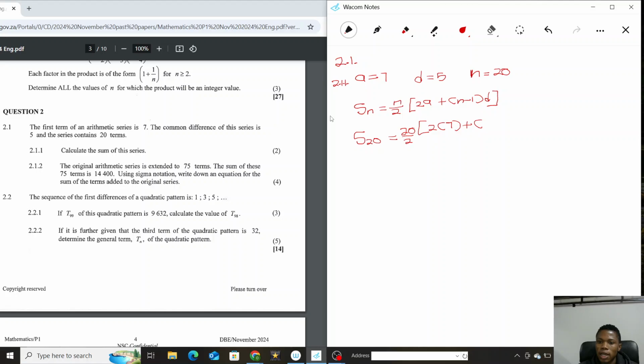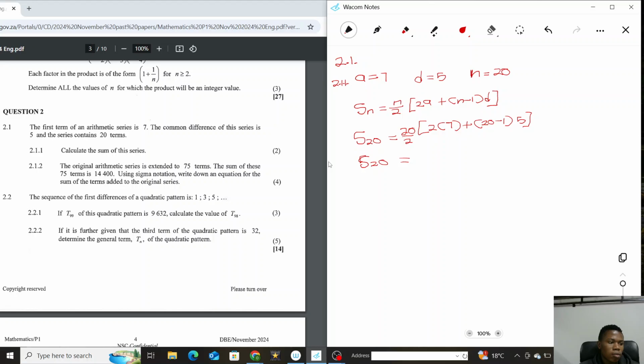Therefore the sum of these 20 terms will be equal to 1090. Okay, therefore you get your full 2 marks.